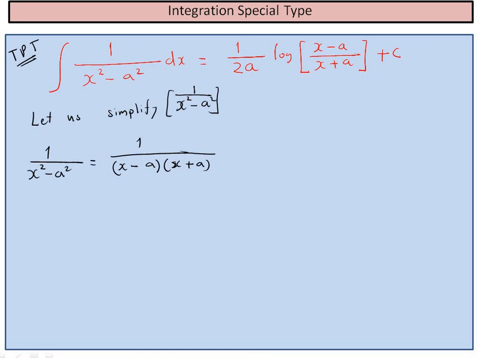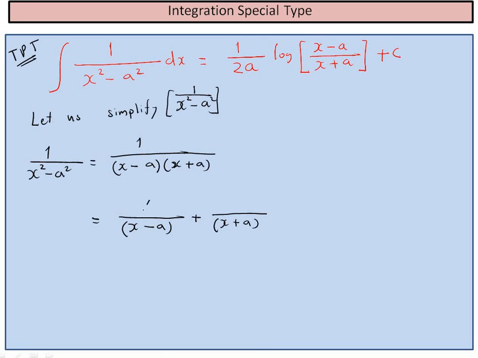Now I want to make this separate. Separate मतलब x minus a plus x plus a. Now numerator will not be 1. I have to find out the numerator. How will I find out?